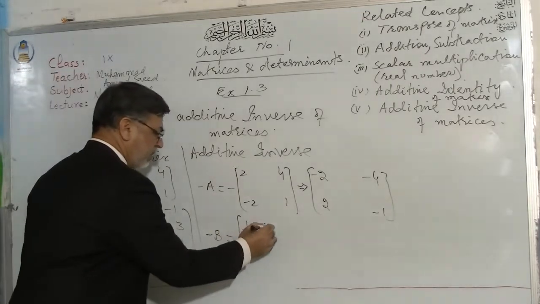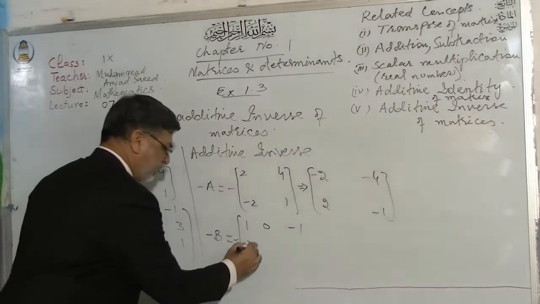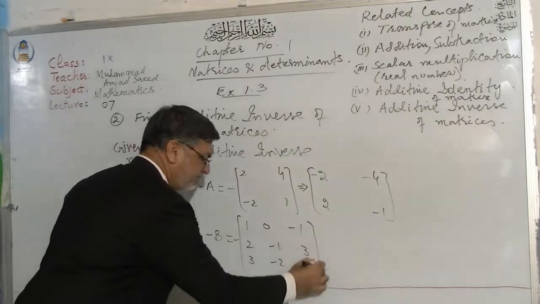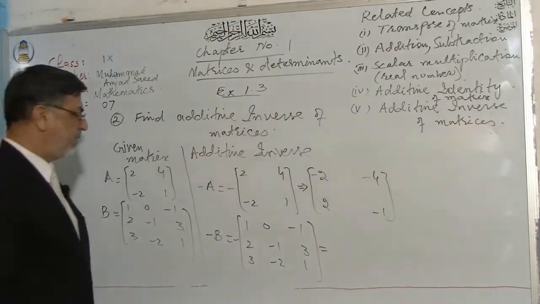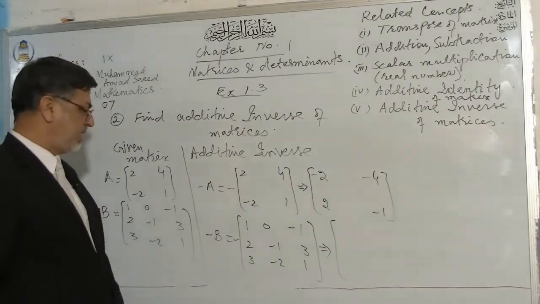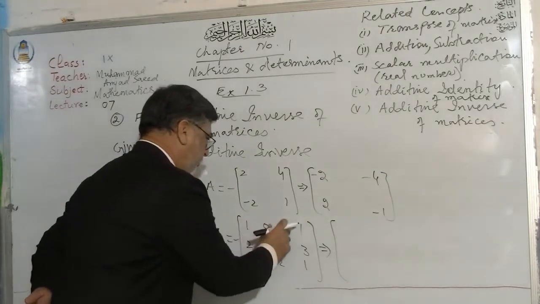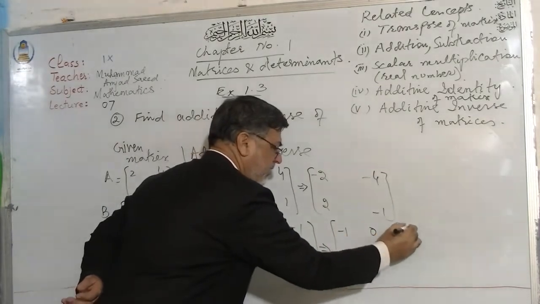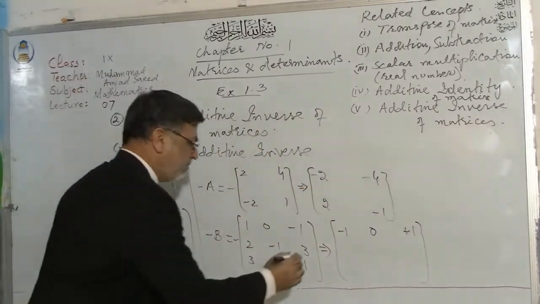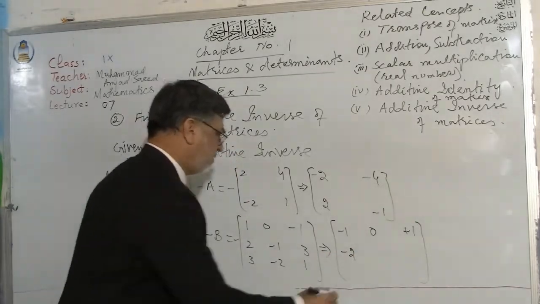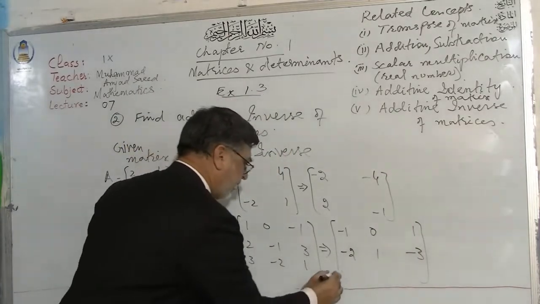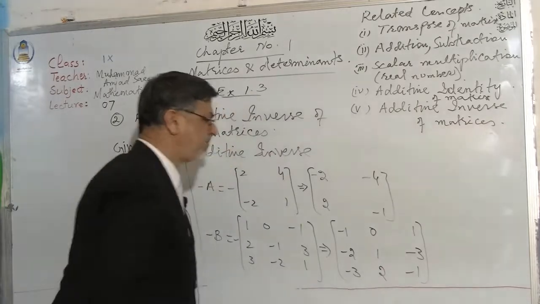You can multiply with the negative sign all entries, change the sign. Minus 1, 0 plus 1. You can write down plus 1, if you don't write, no problem, that is the same. Minus 2, 1, minus 3, minus 3, 2 and minus 1.